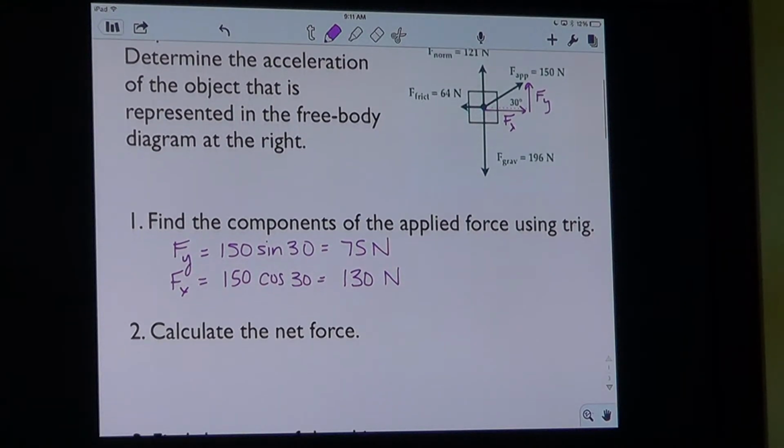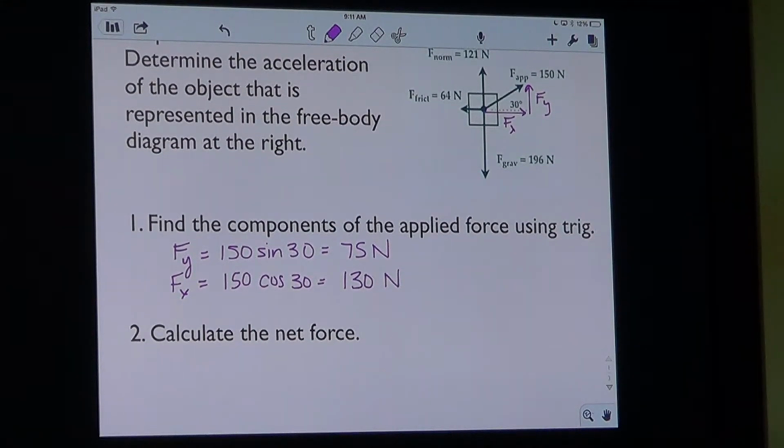Okay, what are the vertical forces here then? 64 and, no, that's horizontal. 121 and 196 and 175. Okay, so let's go ahead and call them positive and negative, just so we have an idea of what direction they're going.